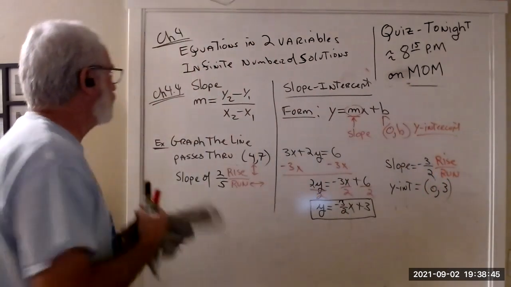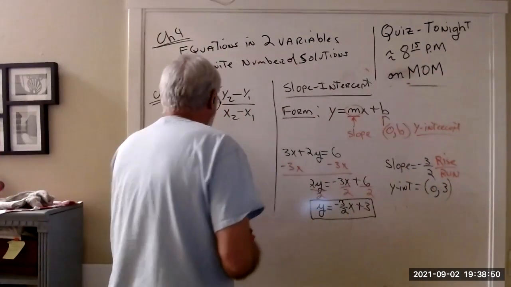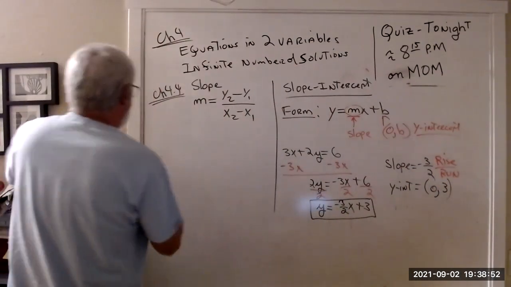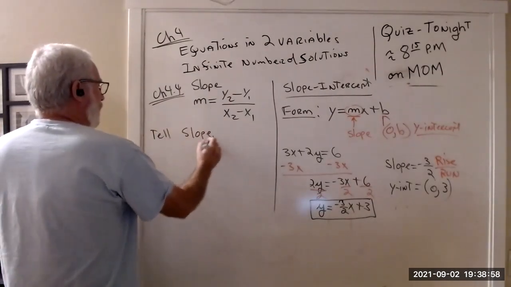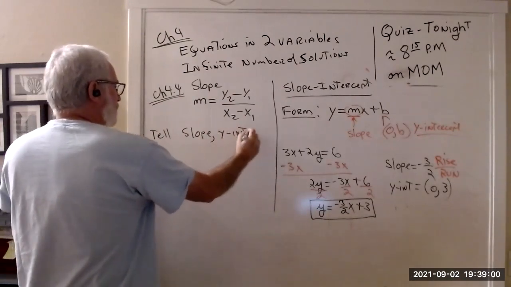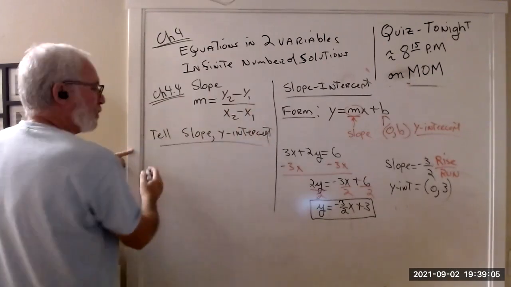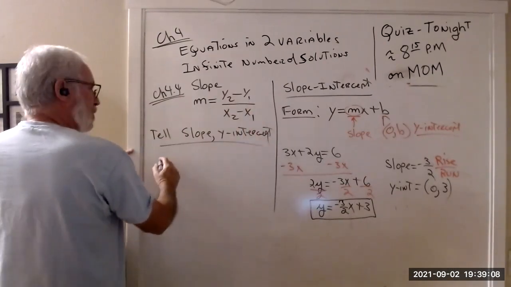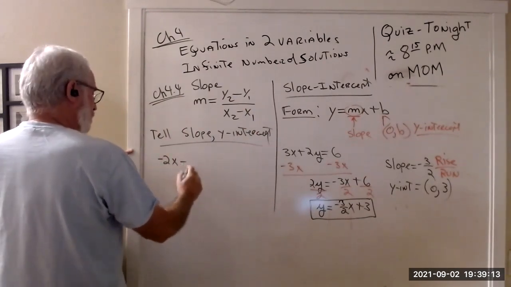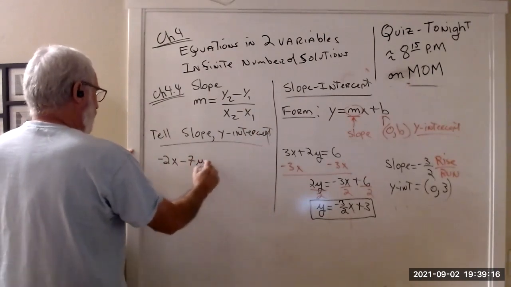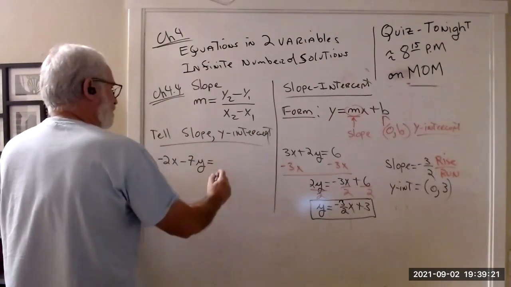So let's have you guys try this one. Tell me the slope and the y-intercept of this problem: negative 2x minus 7y equals 19.